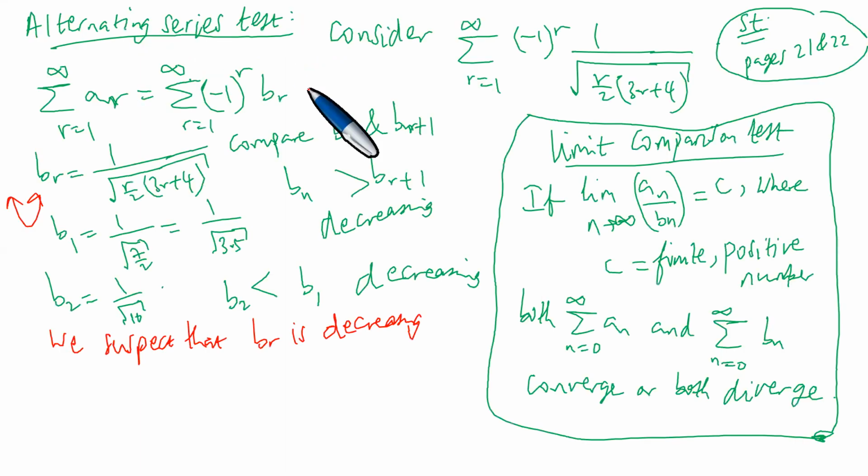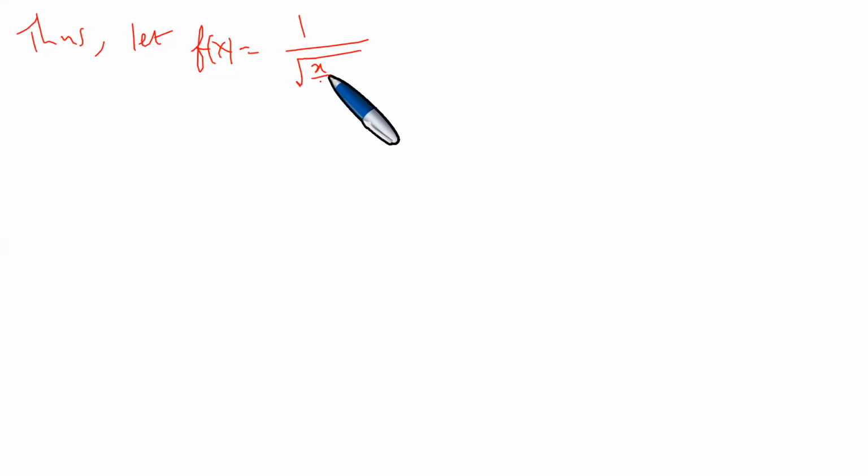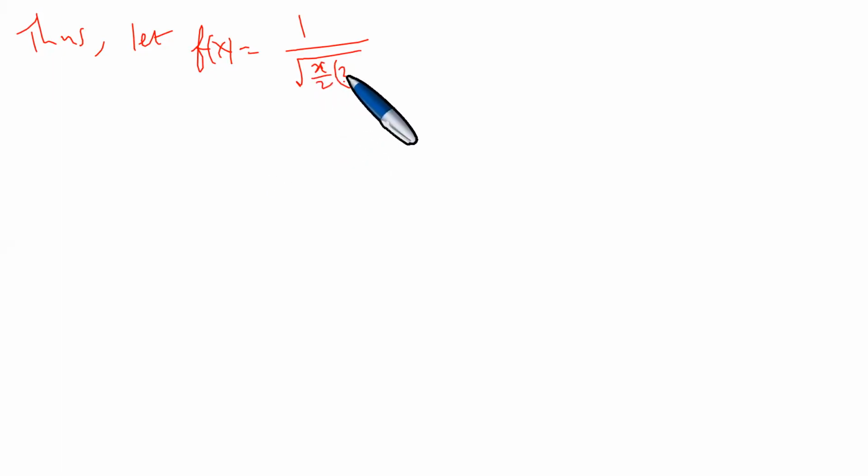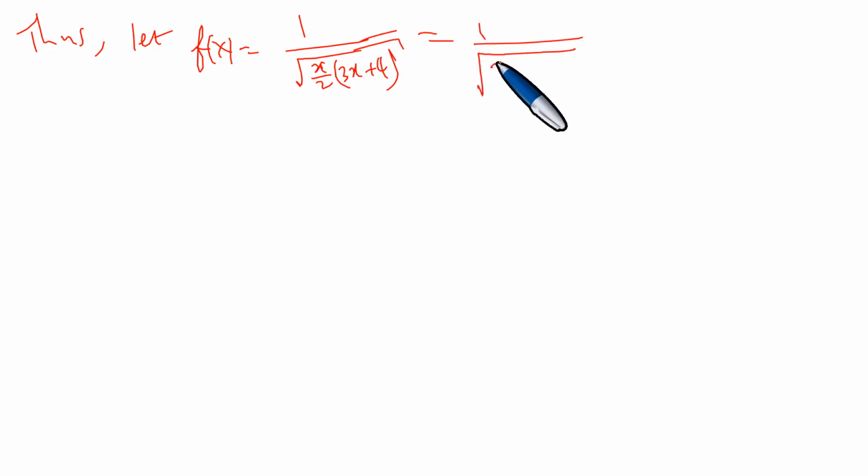So we let f of x be 1 over the square root of this. So we have this, and then we find the derivative of this.